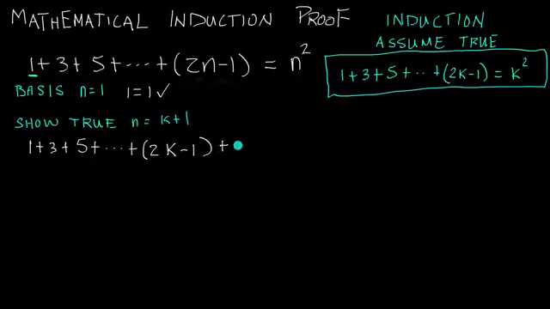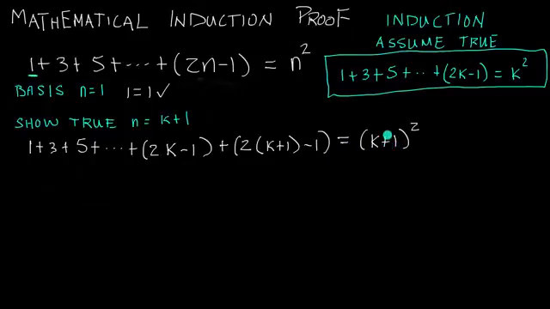We do that by saying plus 2 times, and then instead of k, we put k plus 1 where n is, and then that's minus 1. And then we're saying that that's equal to the right-hand side, which is n squared, but in our case, k plus 1 squared. So we'll put k plus 1 squared.